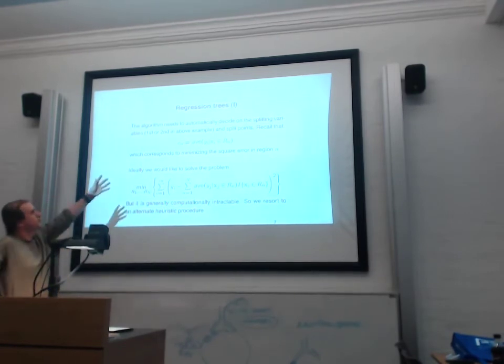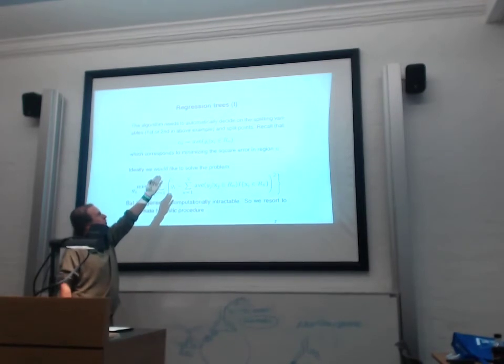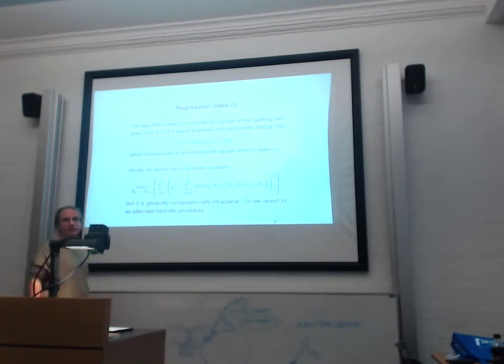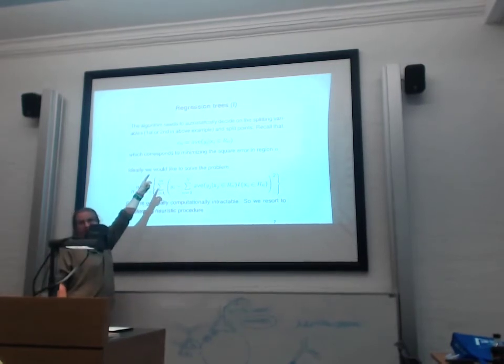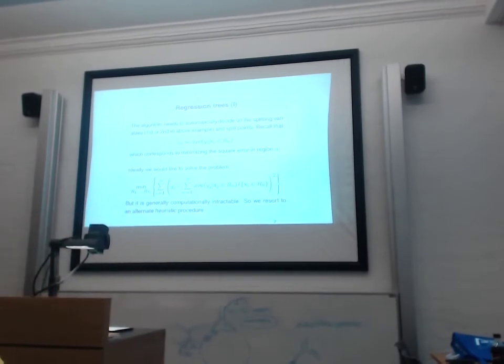If we want to minimize the square error in a given region, and we have a series of points with different y values in there, we would just need to take the mean of the y values of those points in that region. So once we have a region, that defines a prediction for us. For instance, with the square error, we could just use the mean of the y values.